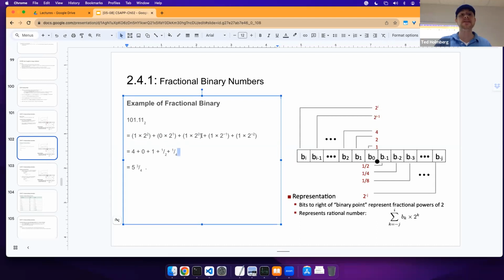Now where it deviates is the rest of this string. Now we can look at all the bits that fall on the right side of the binary point. And so now we start decrementing our index, and we use the index as our exponent, as our power of 2.